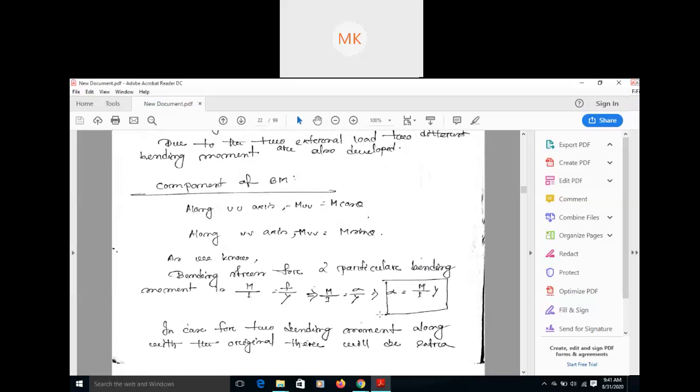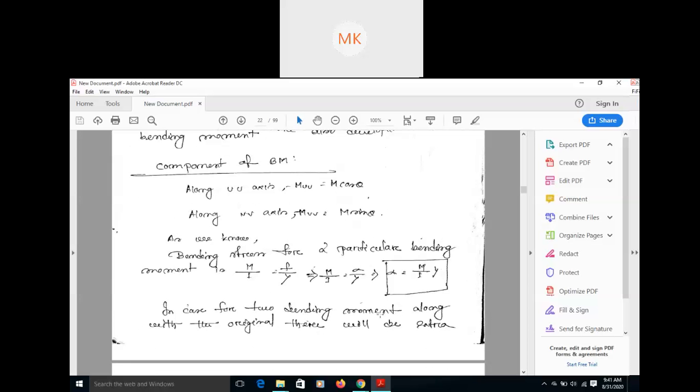Let's go through the steps. This is a very simple derivation. It is also not so important, but for solving the numerical we just need this. As I have already said, the bending stress for a particular bending moment is given by M by I equals F by Y, and this F is nothing but the stress, which we can replace by sigma.